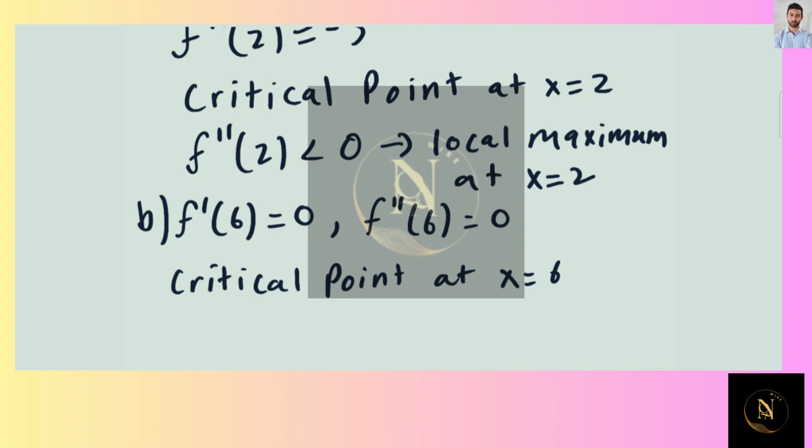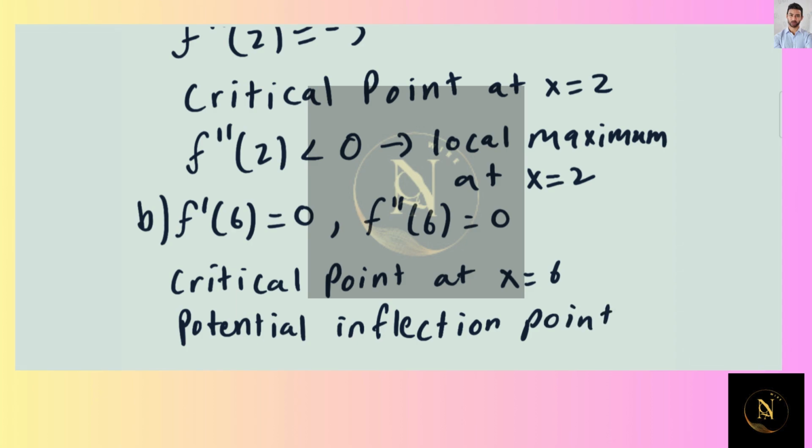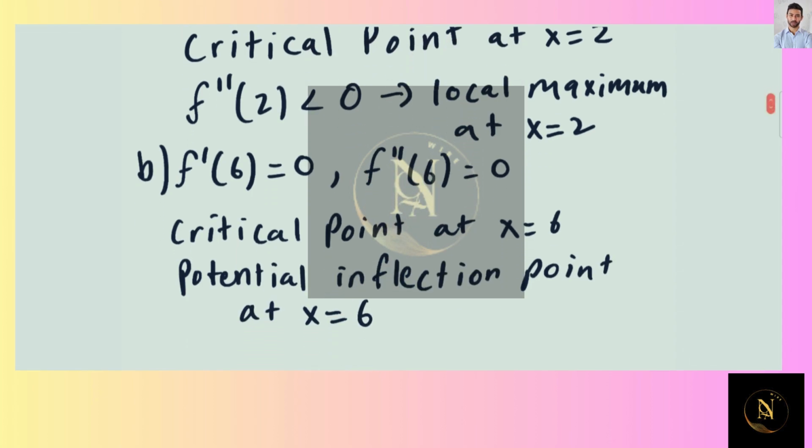But since it's equal to 0, that means that this point, f double prime of 6, could be an inflection point. So potential inflection point at x is equal to 6, but it is not a local maximum or minimum since our second derivative isn't positive or negative.